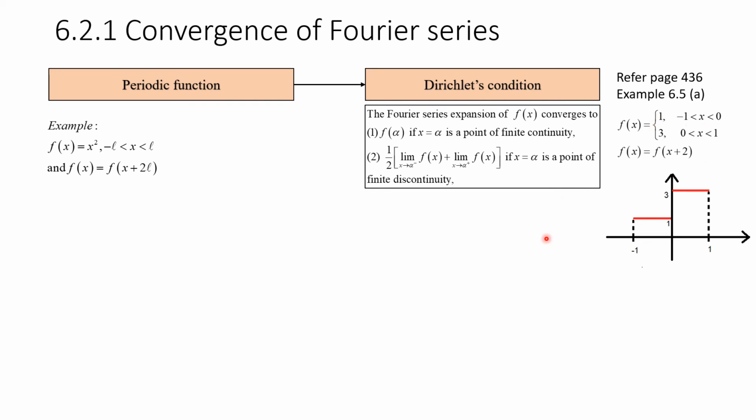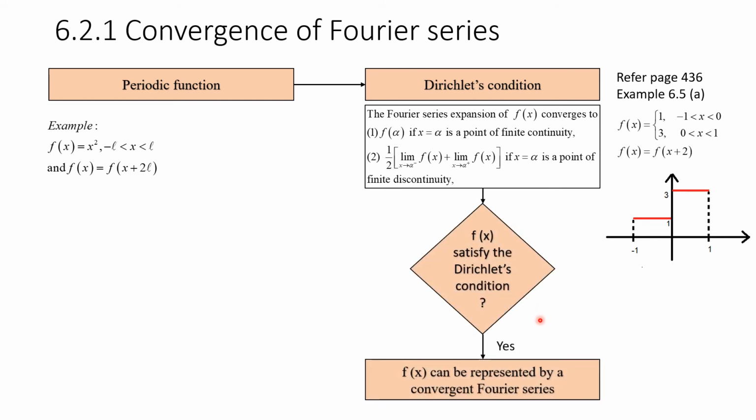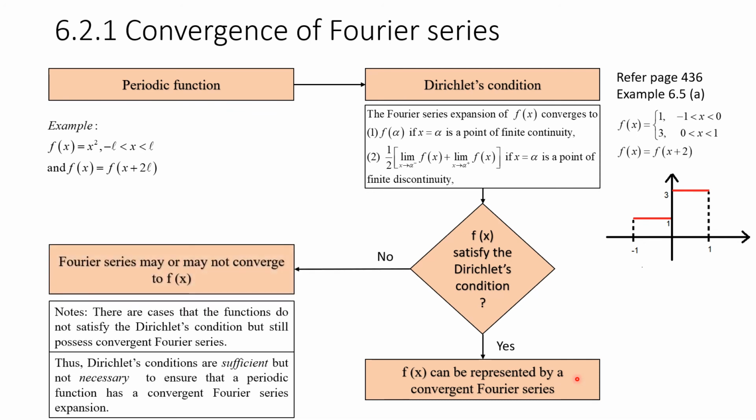So if the function satisfies the Dirichlet condition, it means that the function can be represented by a convergent Fourier series. But if it does not satisfy the Dirichlet condition, we can say that the Fourier series may or may not converge to f(x).